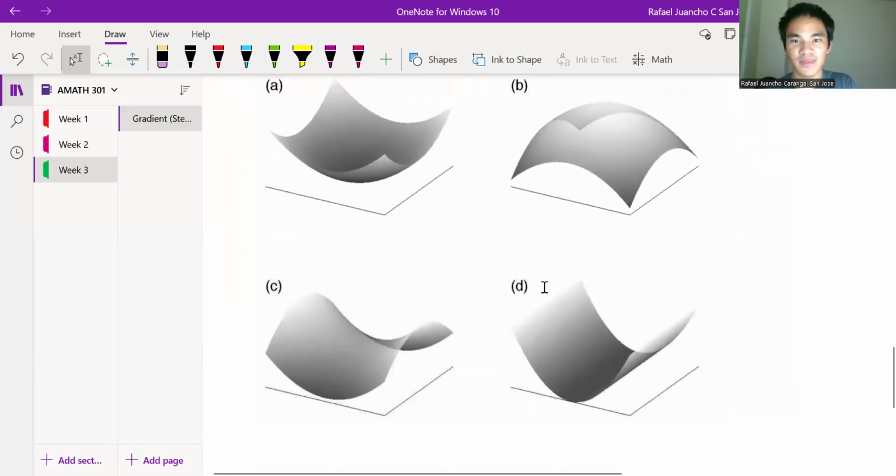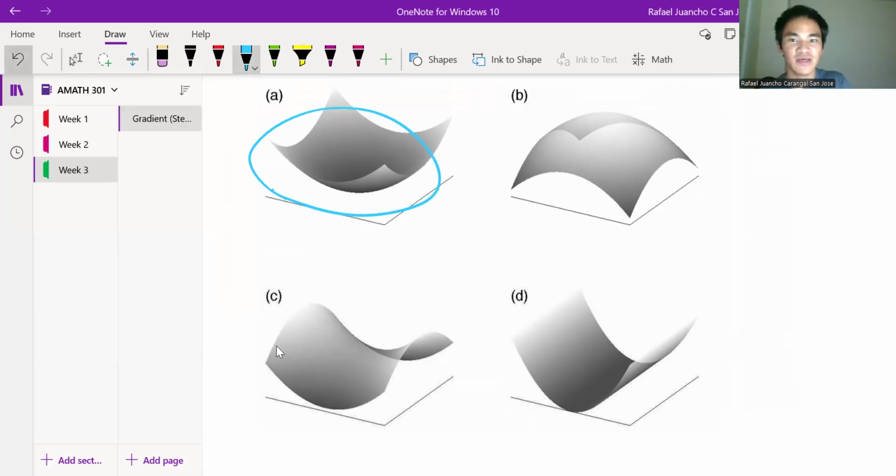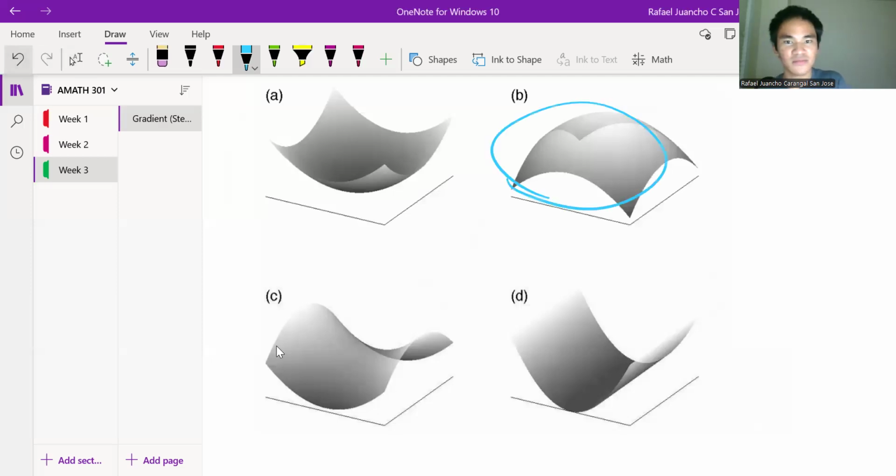So here what it's saying is that in that figure, there are four examples that are important to consider. A positive definite matrix, this thing here, because it has a minimum. A negative definite matrix, so it's this one. An indefinite saddle matrix, we can say it kind of looks like a saddle.